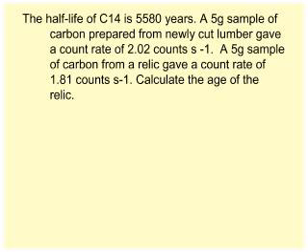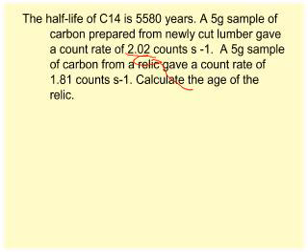Check the next one. The half-life of carbon-14 is 5580 years. A 5-gram sample of carbon prepared from newly cut lumber gave a count rate of 2.02 counts per second. So this would be the Geiger counter. Remember, click, click, click, so you get 2.02 clicks per second. A 5-gram sample of carbon from a relic. By the way, a relic is either a piece of a dead person or something that they wore or found valuable.